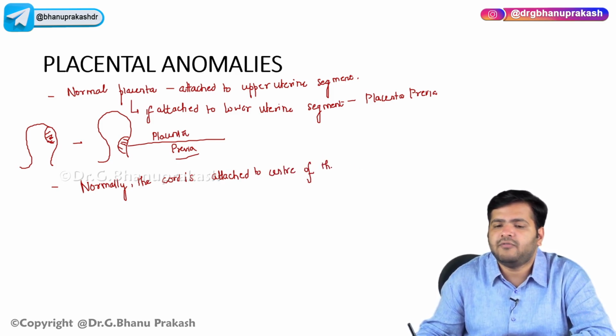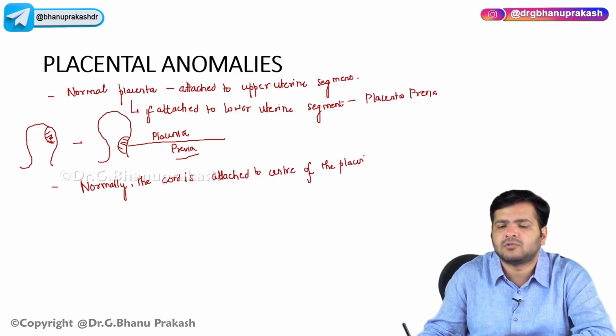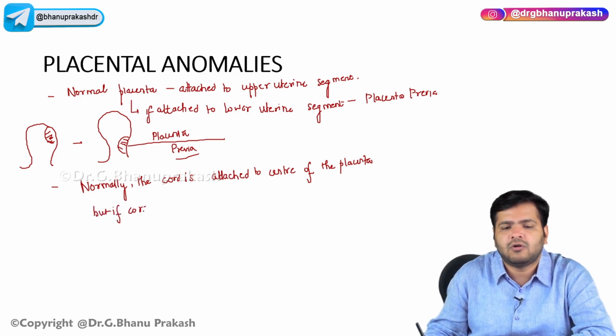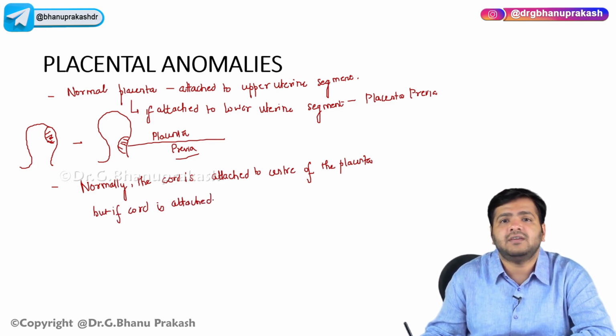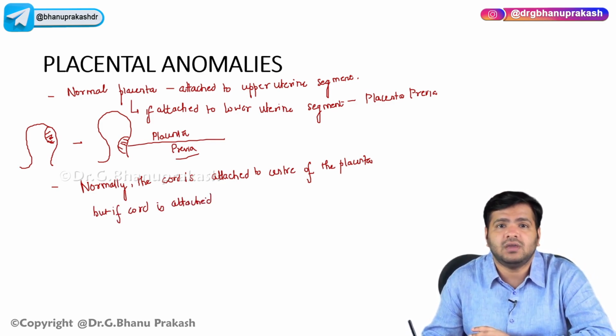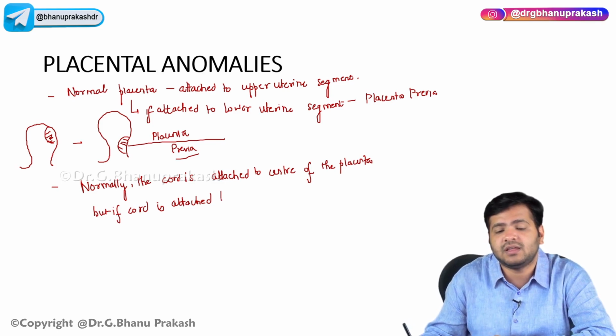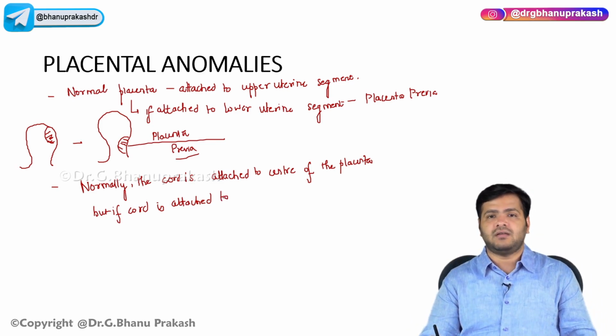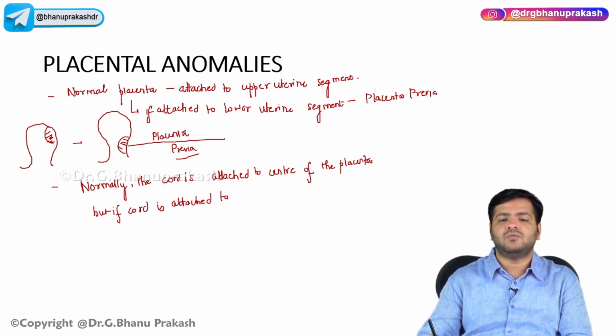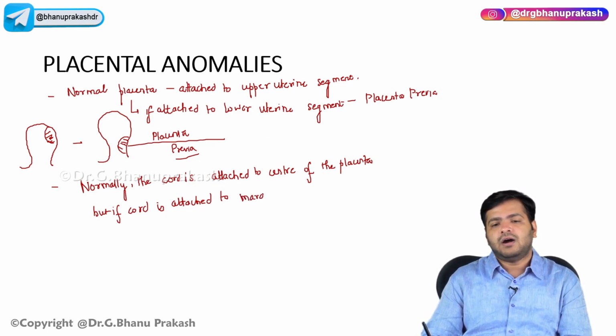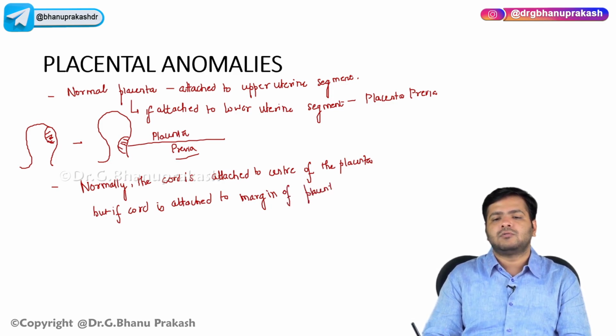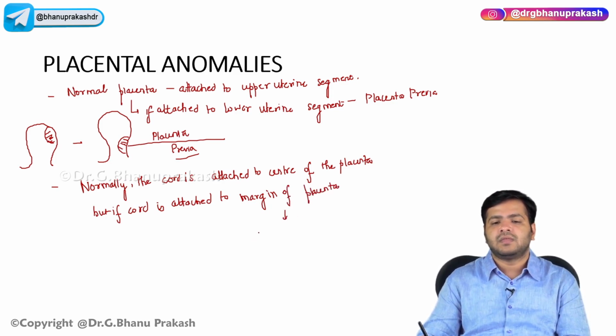But if the cord is attached to the margin of the placenta, then it is called the battledore placenta.